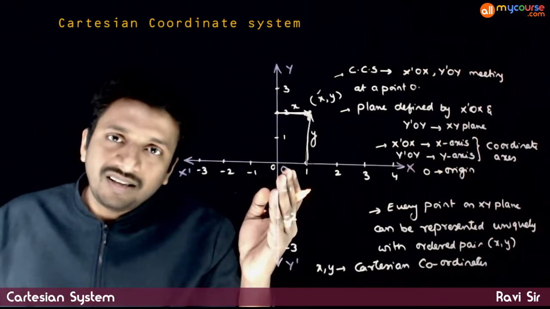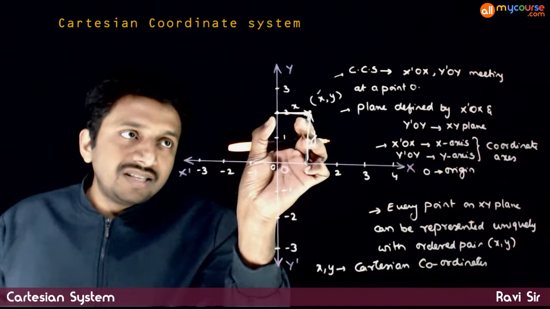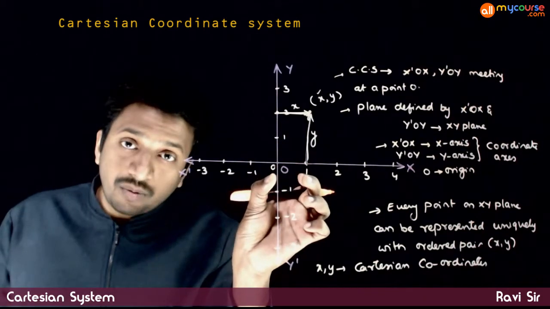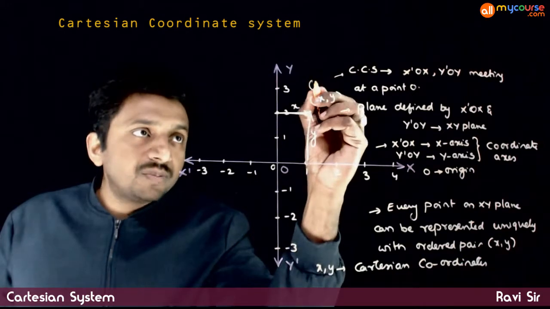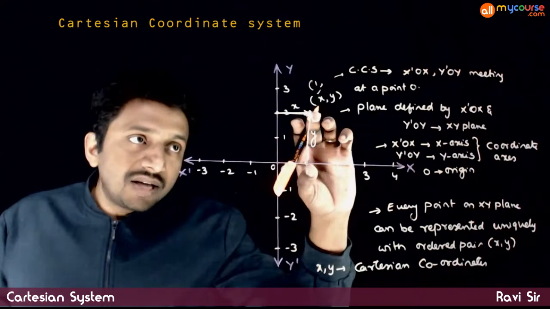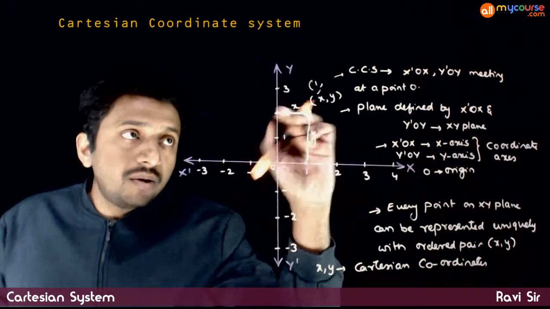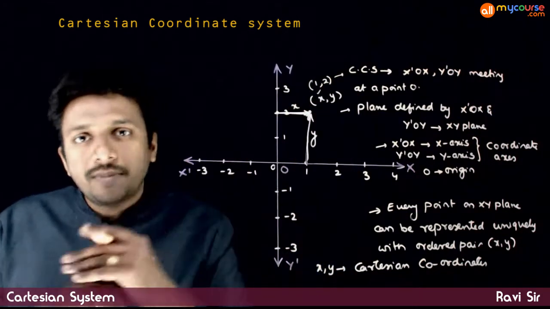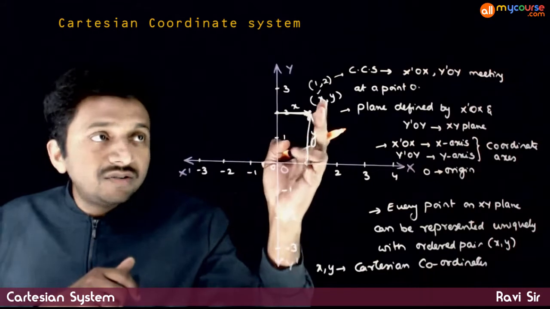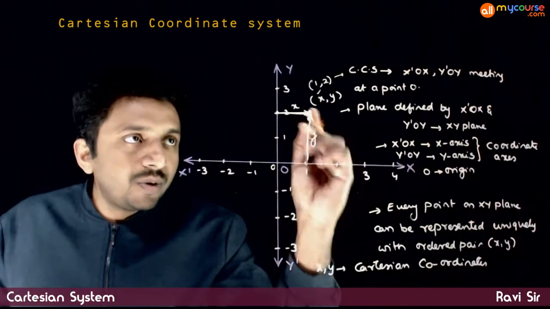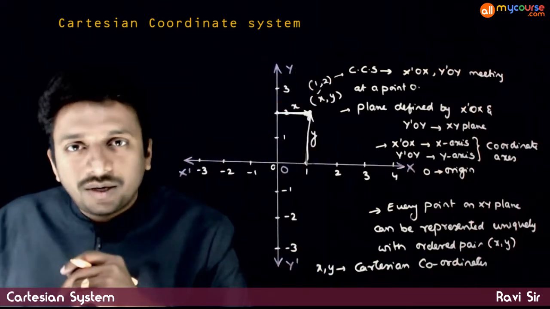As you can see from this figure, this distance is found to be 1. So the x-coordinate of this point is 1. This distance is exactly the same as this distance, so the y-coordinate is 2. So the coordinates of this point are 1, 2. So this point corresponds to the ordered pair 1, 2.